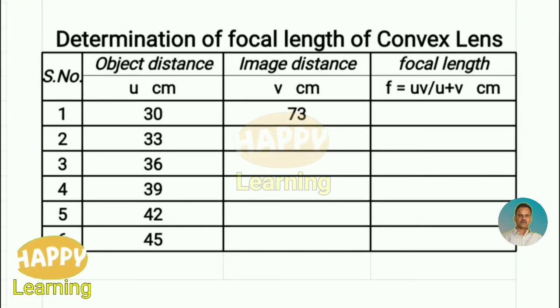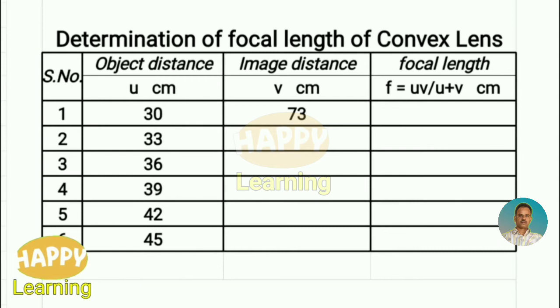Now here I have selected the object distances as 3 centimeters variation. So after 30 it is 33, then 36, then 39, then 42, and then 45. For these object distances, I would like to find the image distance.